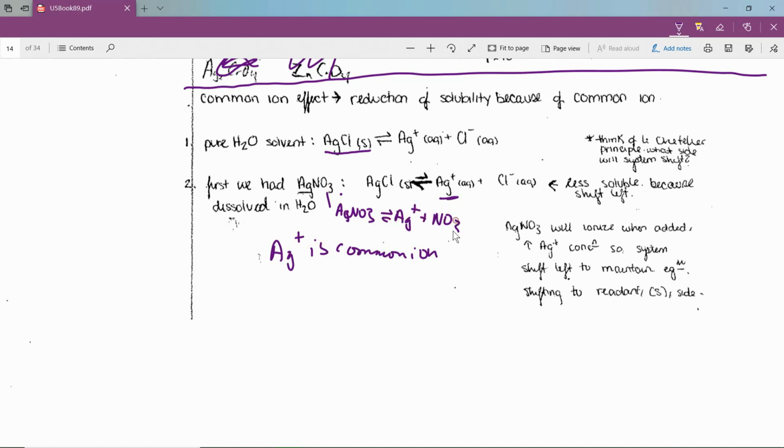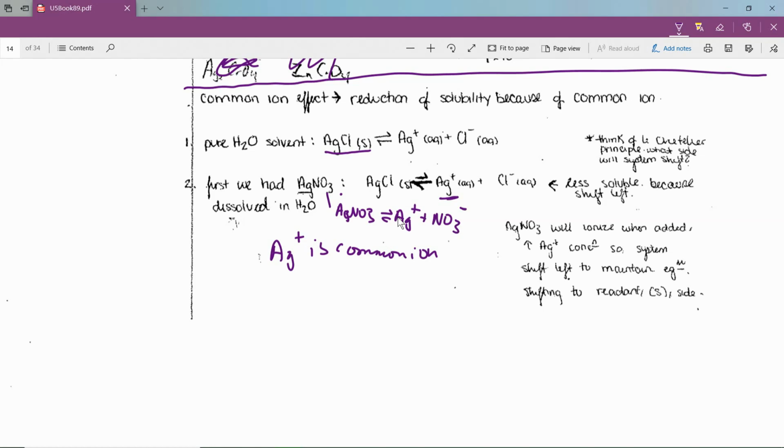Now this isn't common, you know, like they talk about tables of common polyatomic ions and things like this, ones you use a lot. That's not the definition of the word common here. The definition of the word common here is that you see it in 2 different equations. And the common ion you see in both the equations, pure water and dissolving, silver nitrate dissolving to Ag+ and NO3-, which dissolves easily. It's a strong electrolyte.